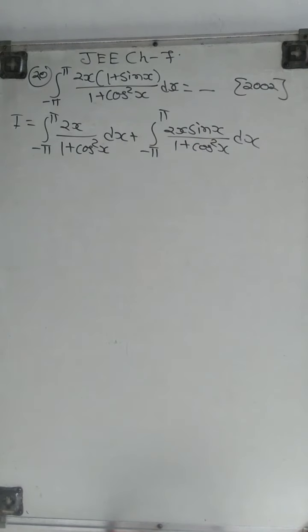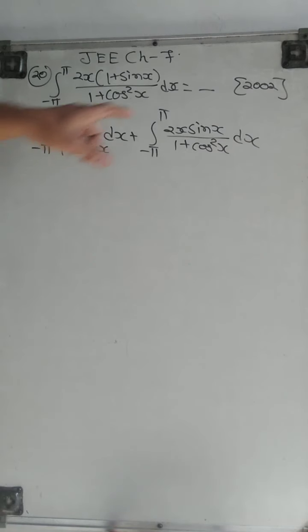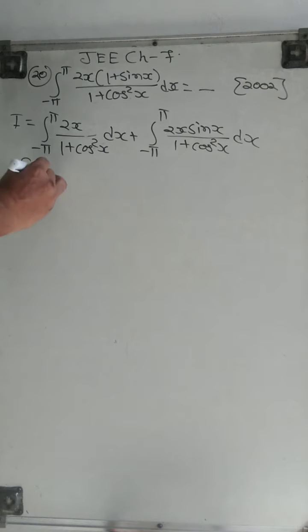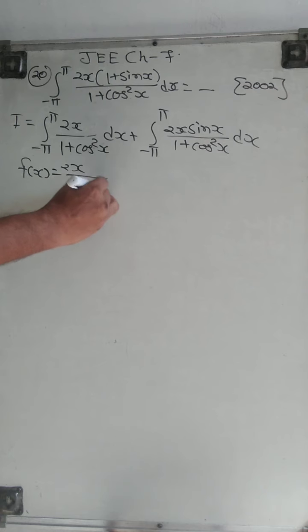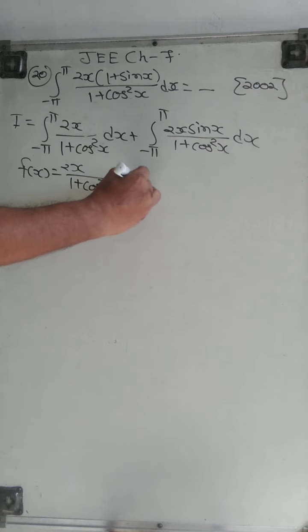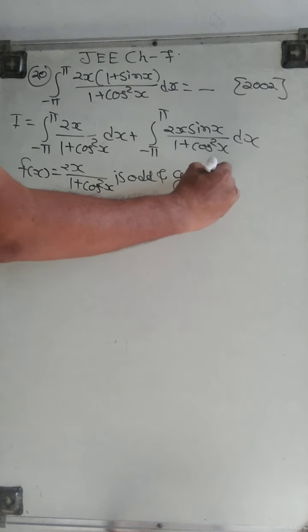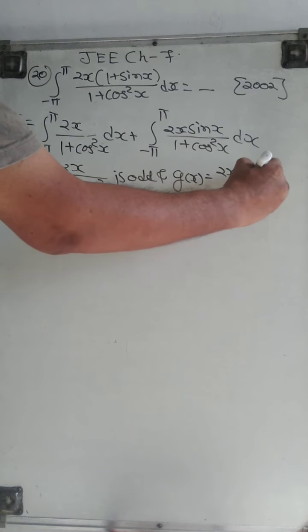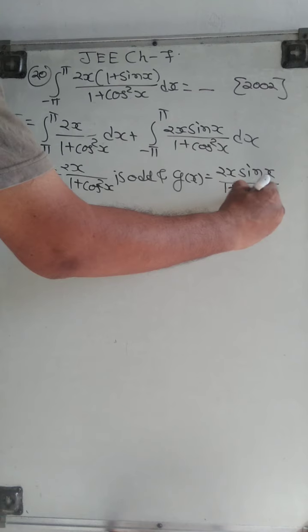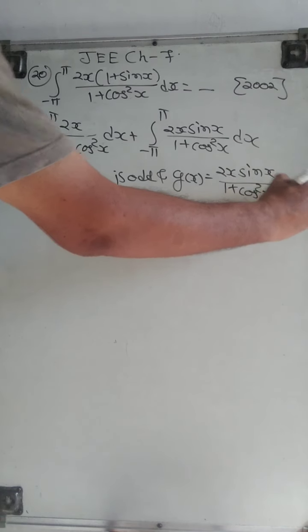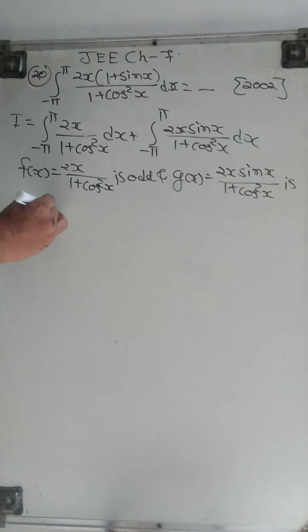Now when we put x equal to minus x here, this is an odd function and this is an even function. So here f(x) equal to 2x upon 1 plus cos square x is odd, and g(x) equal to 2x sin x upon 1 plus cos square x is even, right?